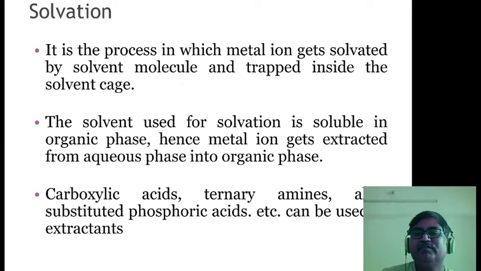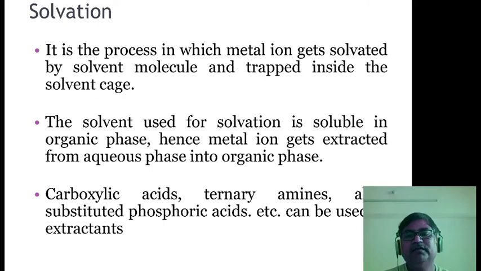The next method is the solvation method. First we see what solvation is. It is the process in which the metal ions get solvated by solvent molecules and trapped inside the solvent cage. Cage means a enclosure, formed by solvent molecules of opposite charge.